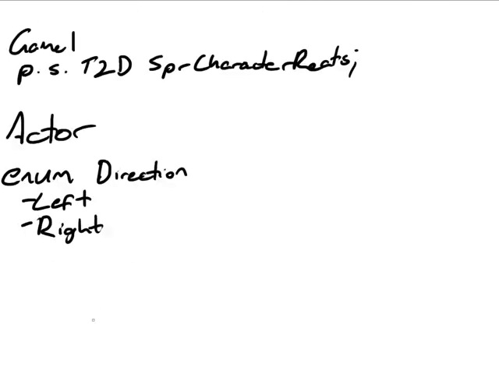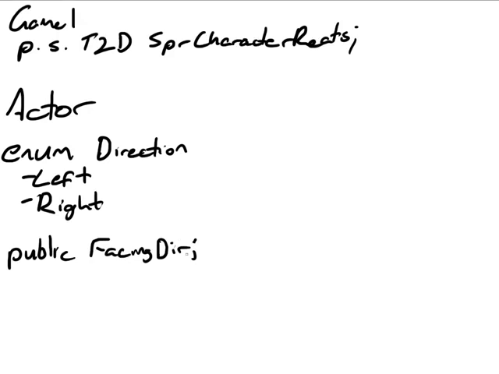Then we're going to need to set it up to use it, so we'll put in here public facing dir. Facing dir meaning facing direction. And we're not going to set it in the constructor. That's going to be set in some other spot.